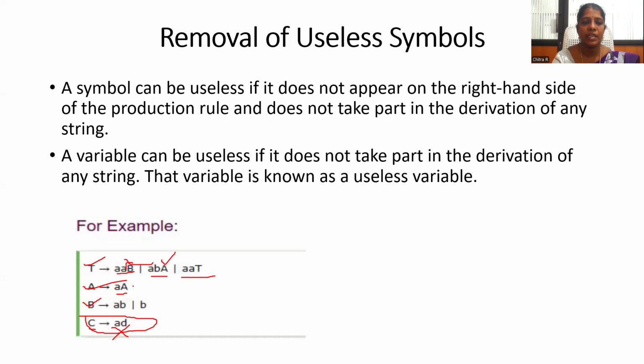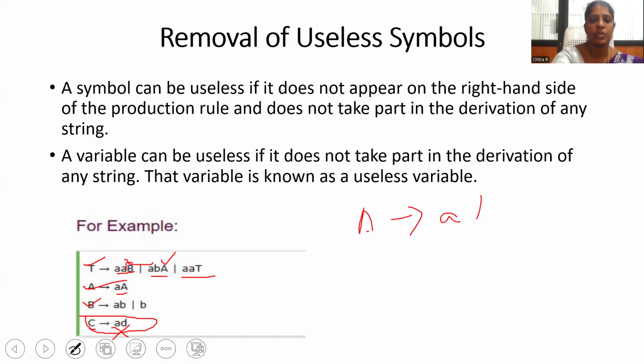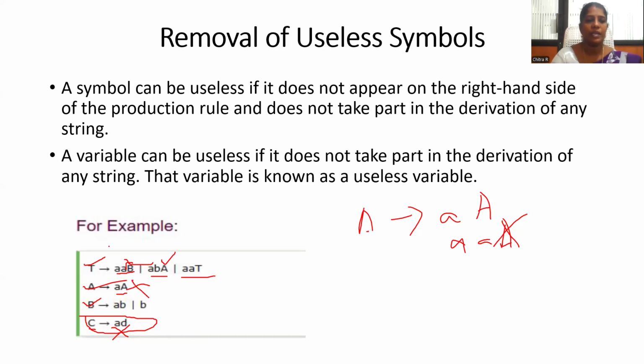If you continuously substitute A tends to AA, you can go in a loop and never eliminate A. So there is no terminal symbol directly derived from A. This is also a useless variable, hence you will eliminate A. Check and eliminate all the productions that contain A. This production contains A, so it can also be eliminated.